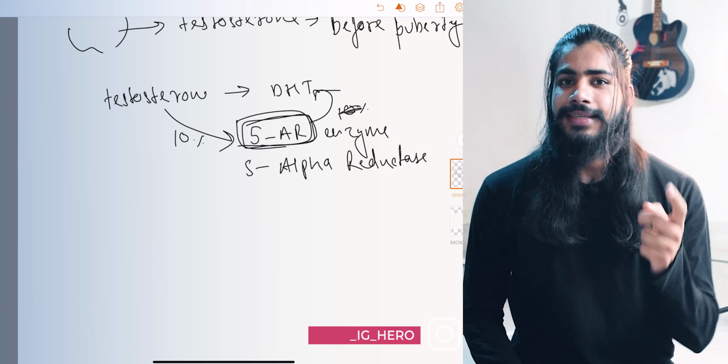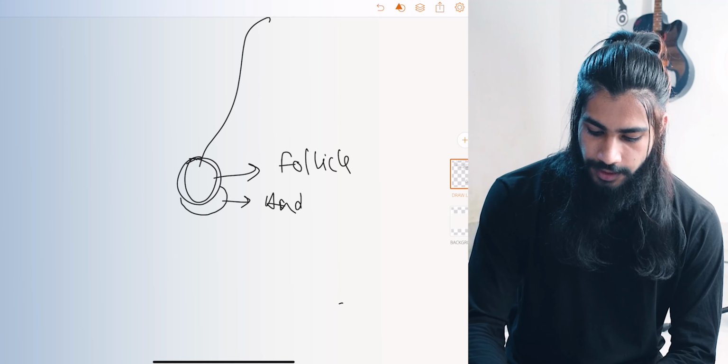So DHT is an androgen, and androgens can only attach to androgen receptors, and this is where the androgen receptors come into play. Because you see, this is a hair strand and this is a hair follicle. Obviously it doesn't look that way in real life, but I'm only trying to demonstrate something here, okay? So this is the hair follicle, and suppose these are the androgen receptors.